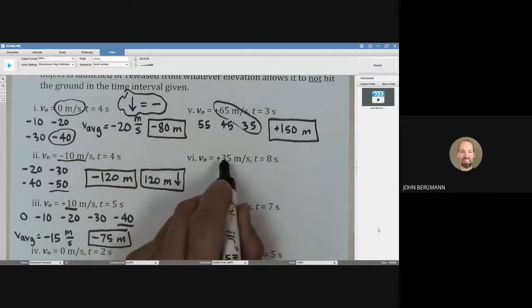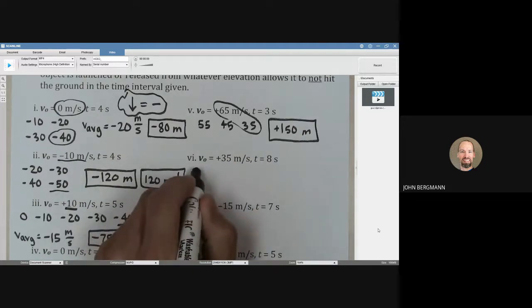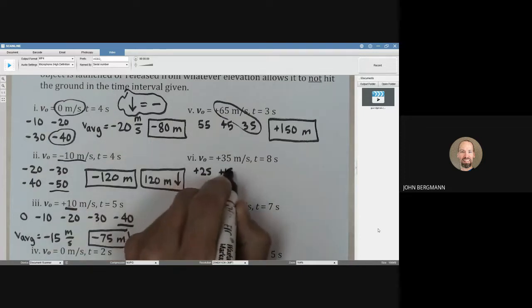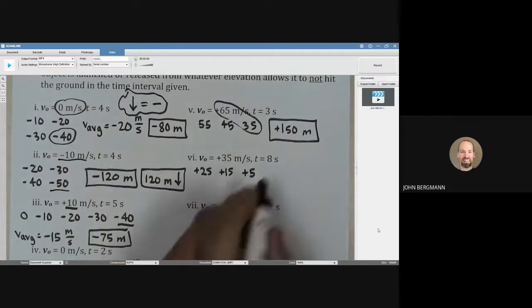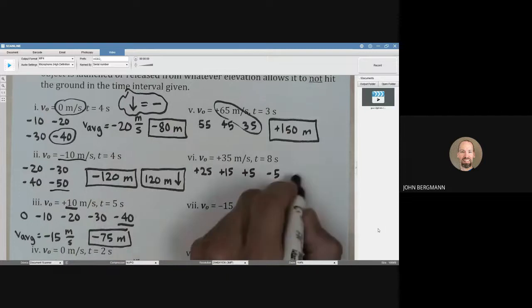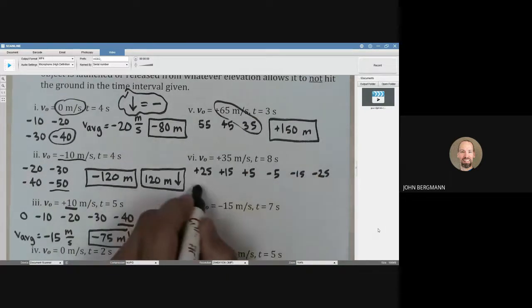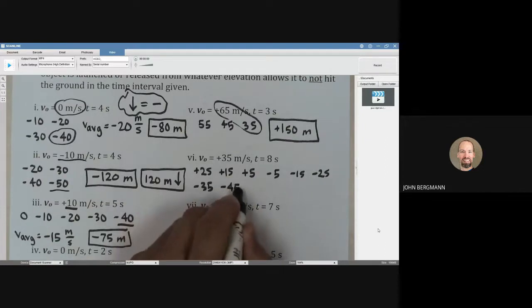Moving right along. We're throwing something upward at 35 meters per second. After 1 second, it's going 25. 2 seconds, it's going 15. 3 seconds, it's going upward at 5 meters per second. At second number 4, it's starting to come down now. Second number 5, second number 6, second number 7, second number 8.